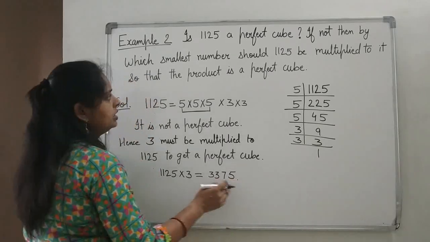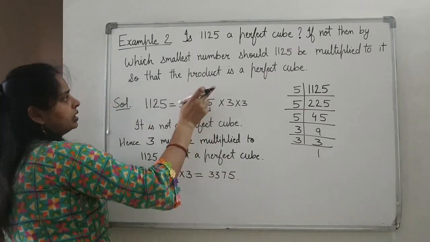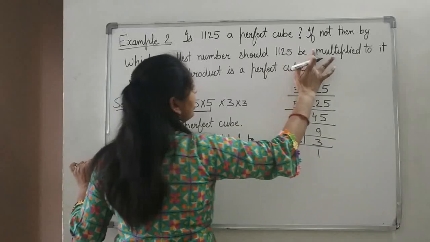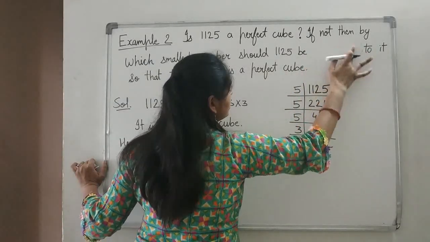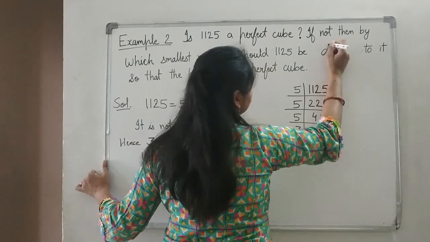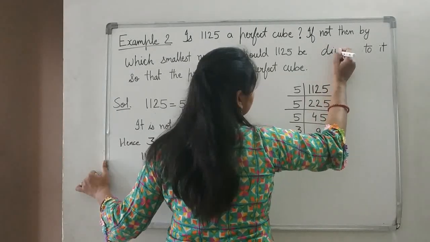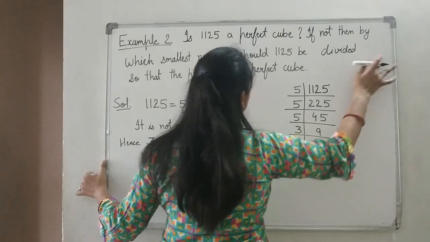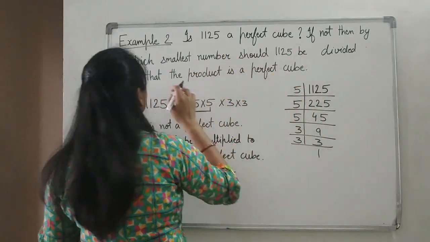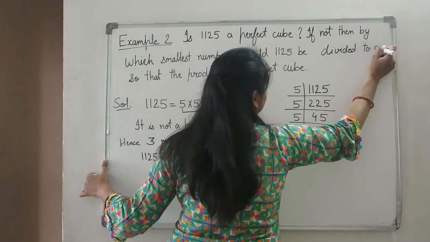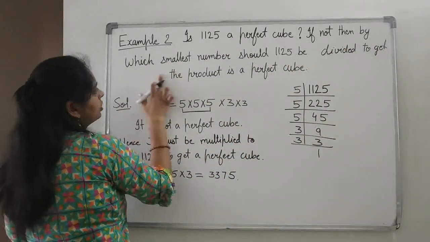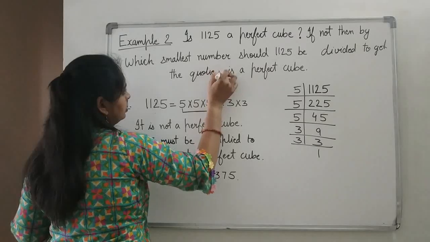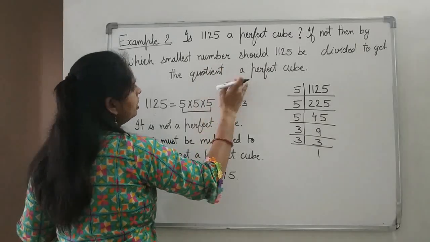Let's see one more thing in this. If the same question is there, but what has been asked is by which smallest number should this be divided to get the quotient a perfect cube.